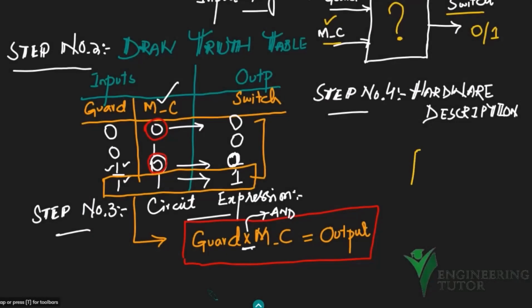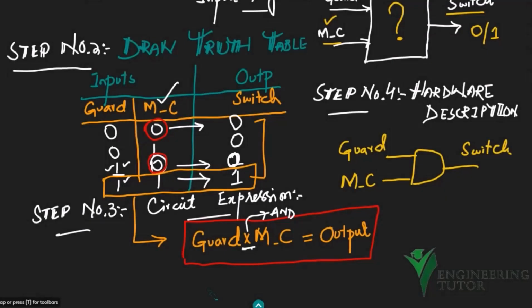We will have just this AND gate which has these two inputs and one output, and this output is the switch output, and the inputs are guard and MC. When the switch is cool and the guard is present, the output will be here.